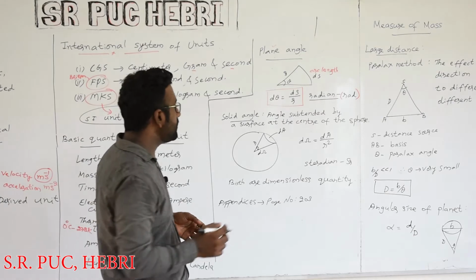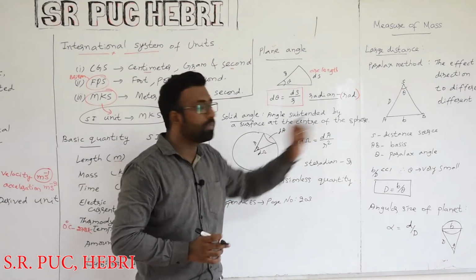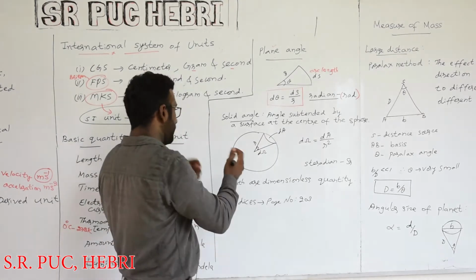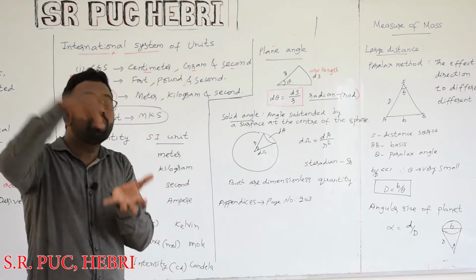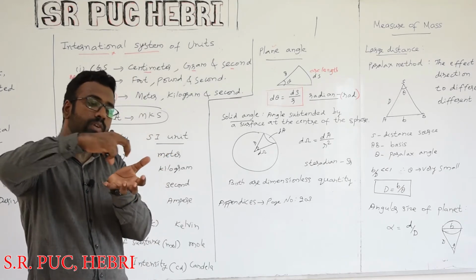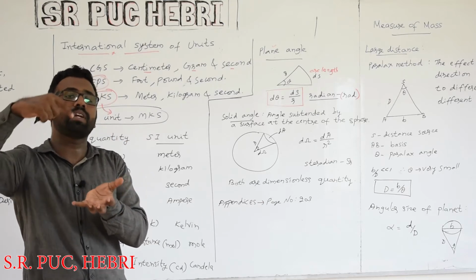Next one is about solid angle. The definition of the solid angle: it is the angle subtended by the surface at the center of the sphere. If you take a watermelon and make a cone-shaped hole into it, then each time you come towards the surface, you will get a certain circle.